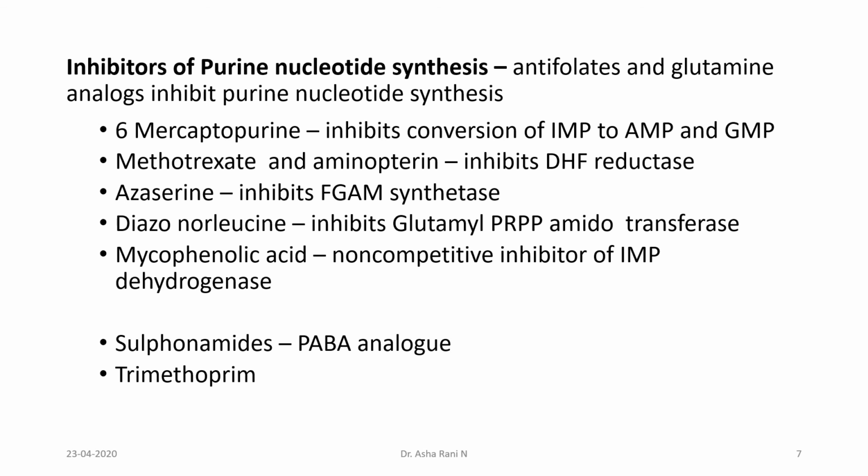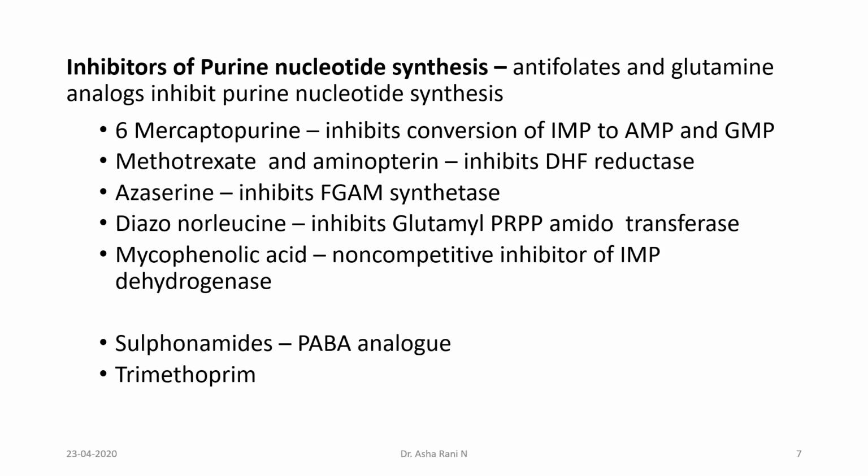Mycophenolic acid. Mycophenolic acid inhibits IMP dehydrogenase preferentially in T and B lymphocytes, where it inhibits their proliferation and thereby suppresses the cell-mediated immune response and antibody formation.